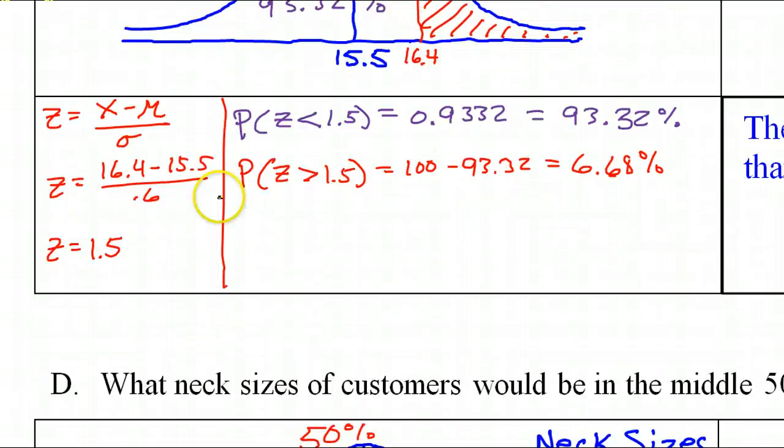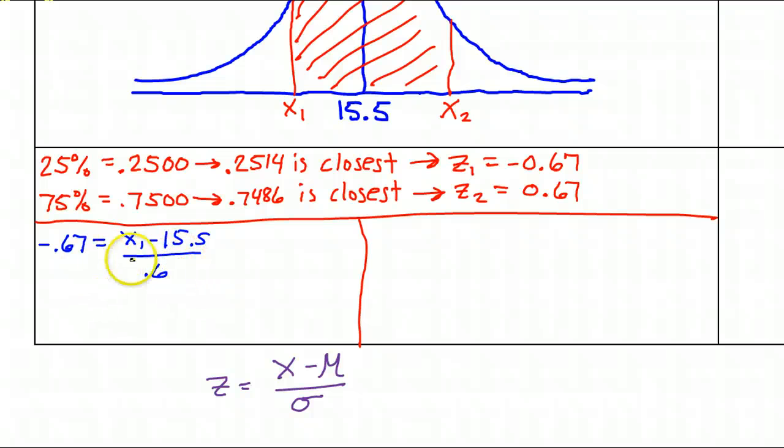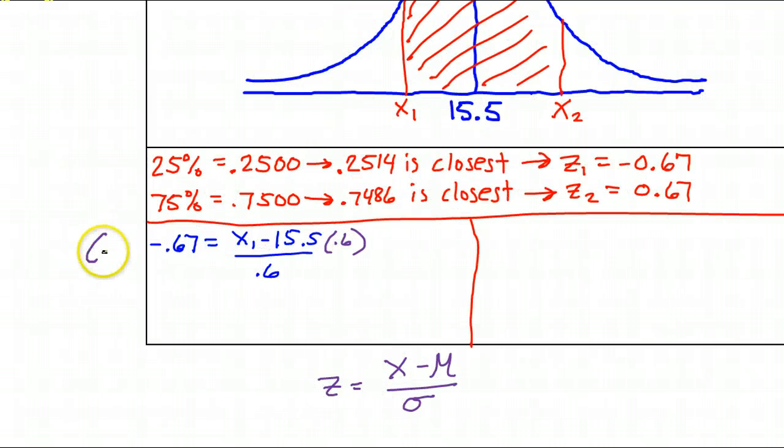So if I solve this, I will have x1, my first next size. So how do I do that? Well, I multiply by 0.6 on both sides, of course. That way these will cancel out.